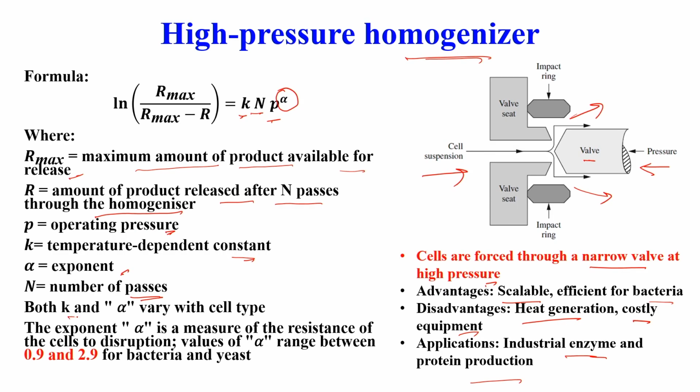Both the values of K and alpha vary with the cell type. This exponent is a measure of resistance of the cells to disruption, and the value of alpha varies in the range of 0.9 to 2.9 for bacteria and yeast cells. So, you can see it is proportional to n and P to the power alpha.